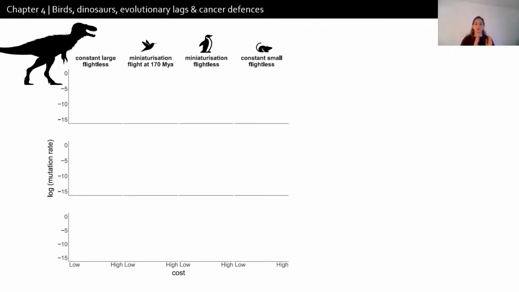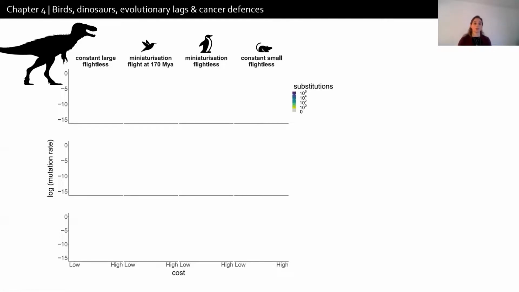And then I will show 4 different scenarios in terms of body size change. In the leftmost part, we have the lineage that stayed constantly large, like dinosaur-sized, and did not fly. And in the rightmost part is something like mammals, a lineage that stayed constantly small and did not fly. And in the middle, we have 2 miniaturization cases, one with flight and one without flight.